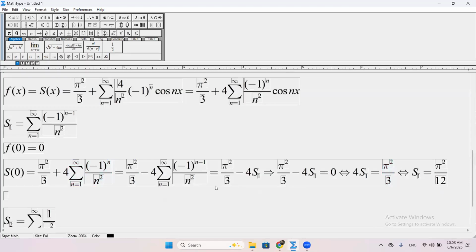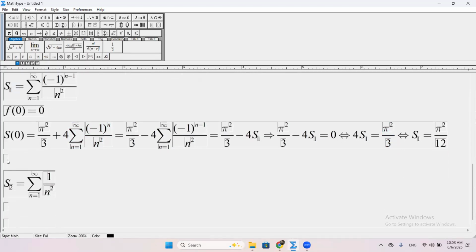So that's how we easily calculated the sum of this series. Well, how to say easily? We had to expand the function into a Fourier series. So we calculated the first sum, and what about the second? How to receive it?